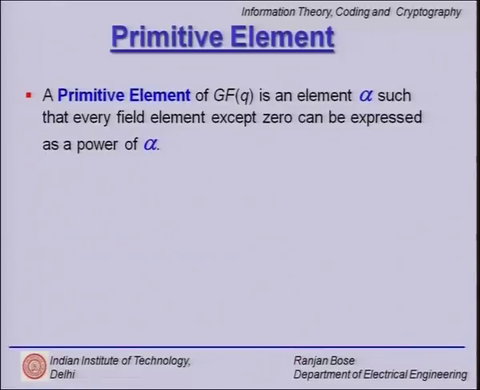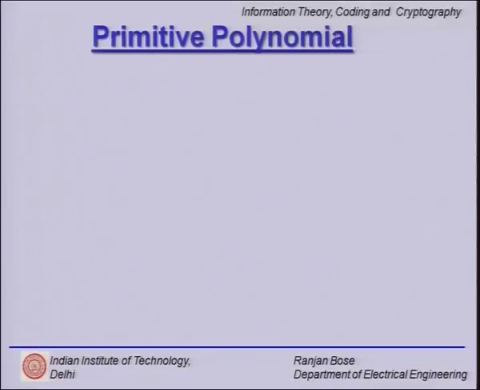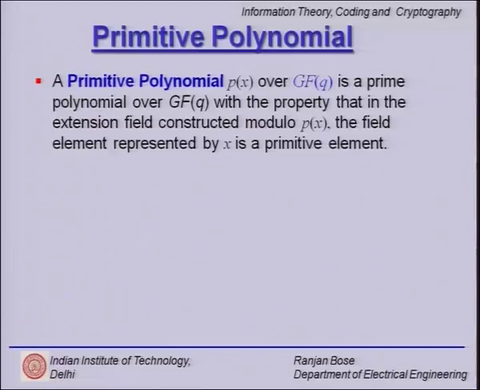Now, in order to do that and also to develop further theory for decoding, we must recall what we meant by a primitive element. A primitive element of a Galois field GF(q) is an element alpha such that every field element except 0 can be expressed as a power of alpha. Then we went on to define what a primitive polynomial is.